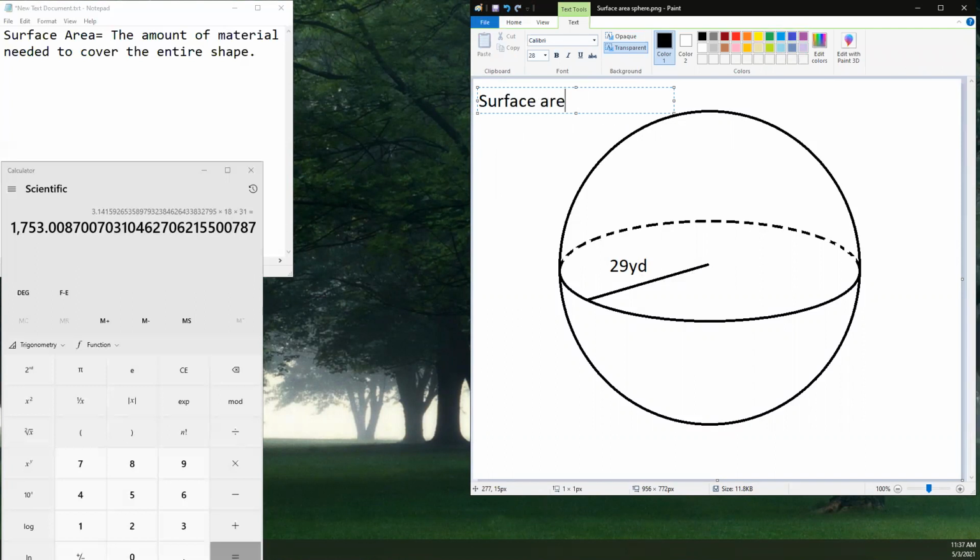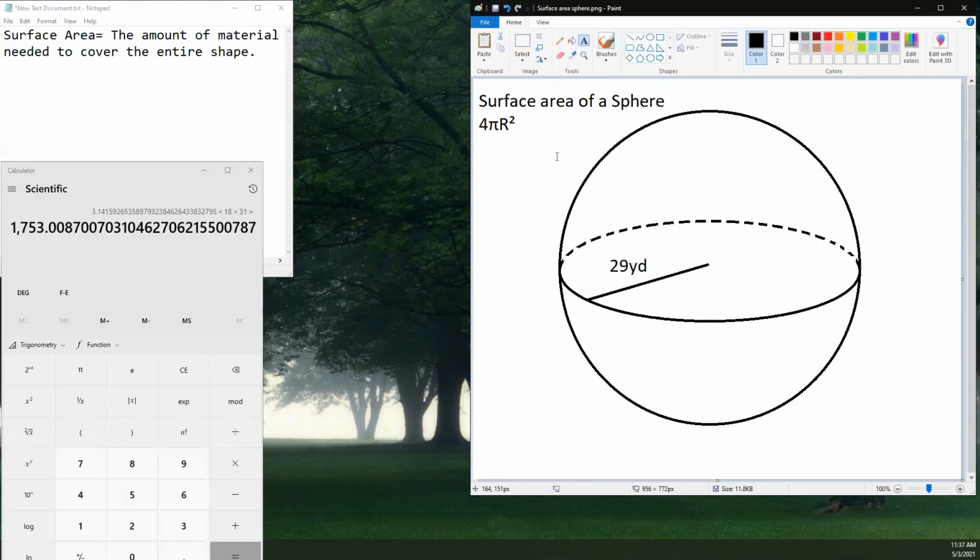So surface area of a sphere is 4 pi r squared. I really wish there was a better way to do this without teaching you the surface area formula, because it looks so much like the volume formula.